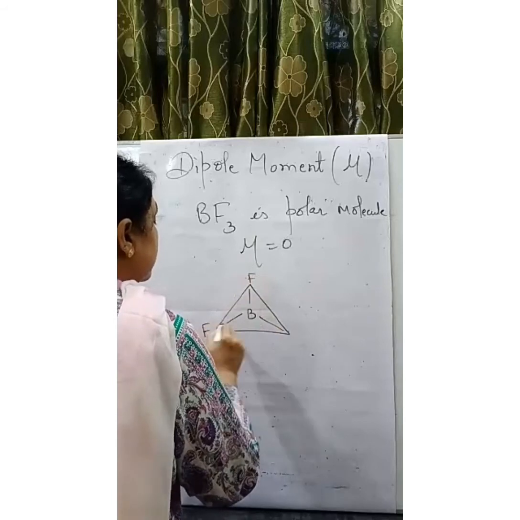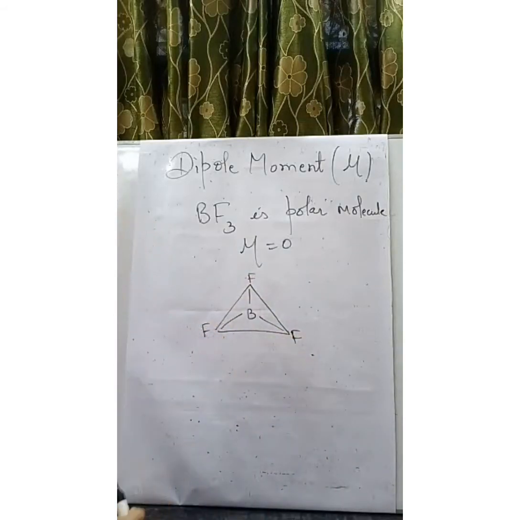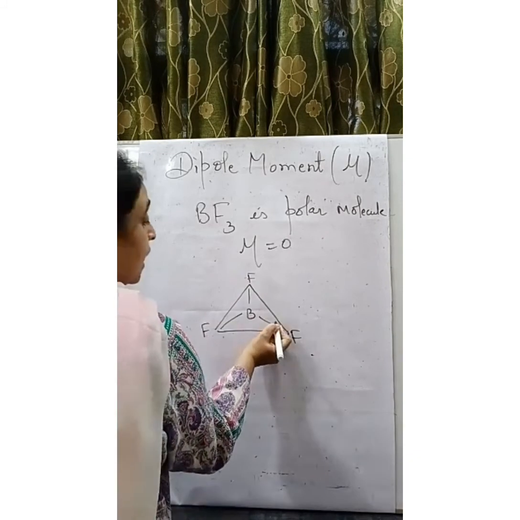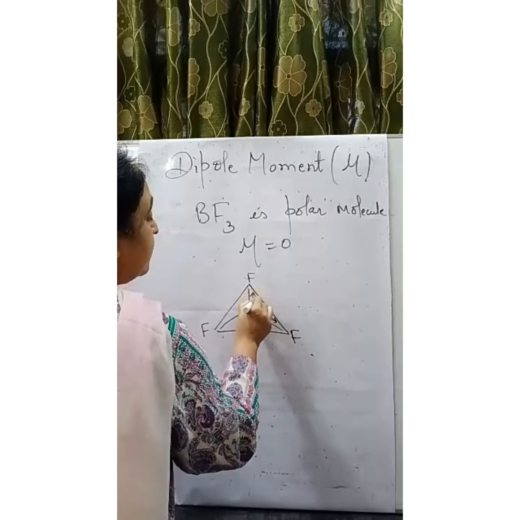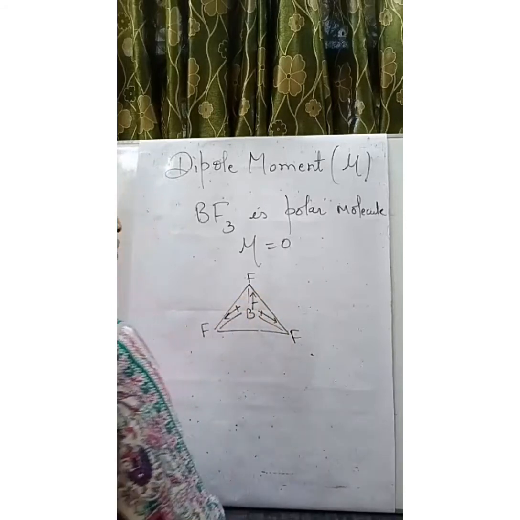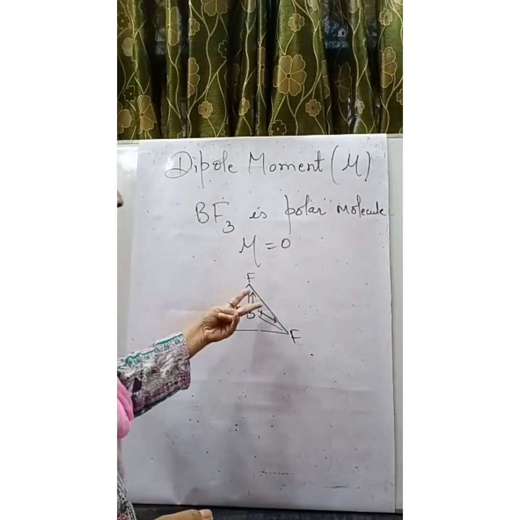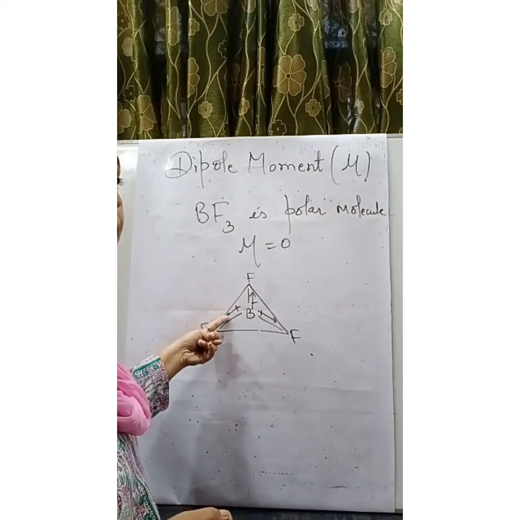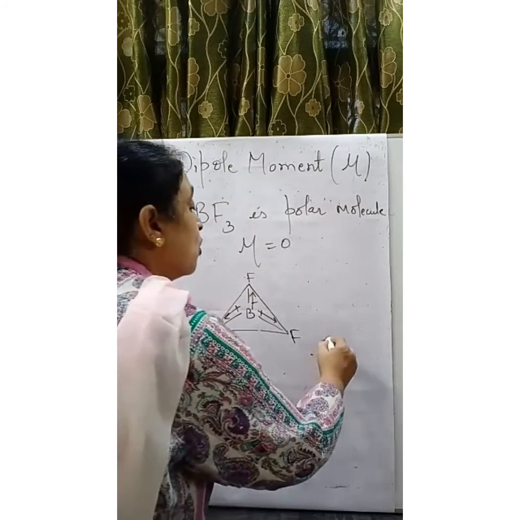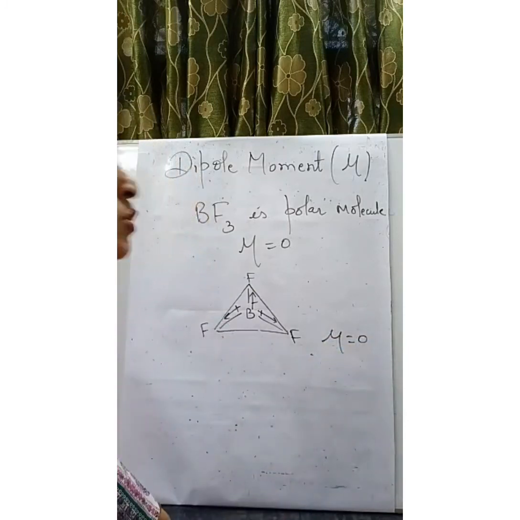This is the arrangement of BF3, where from less electronegative to more electronegative it is pointing. And what do you notice here? The resultant of any two dipoles cancels the third dipole. So therefore mu is equal to 0.